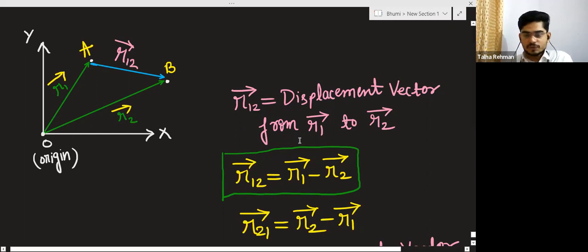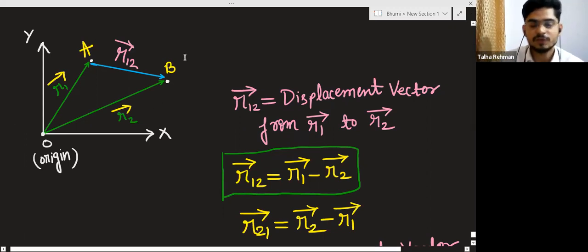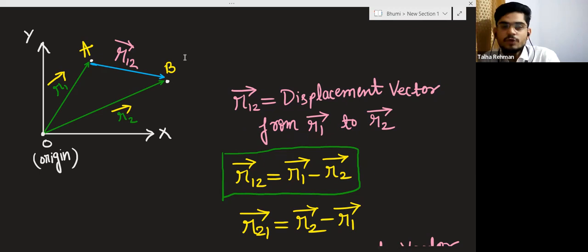If you write continuously while I am making a diagram, sometimes you should write accordingly. If the topic is easy, you can write with me, no problem. But when I am saying this is a vector A, this is a vector B, this is a vector R, you should relate that.